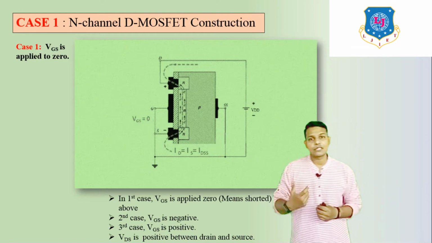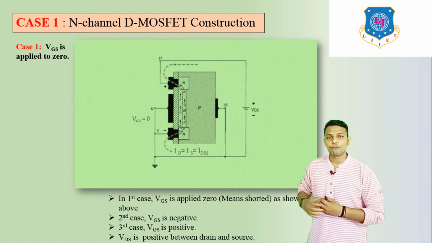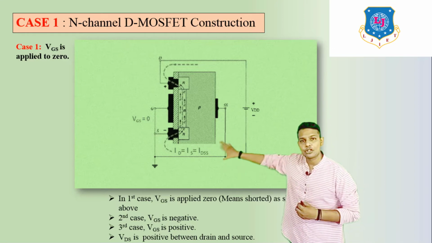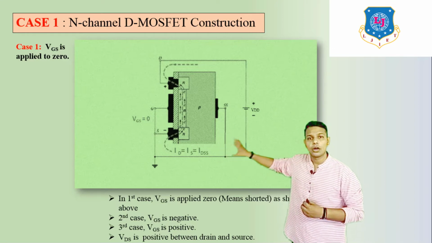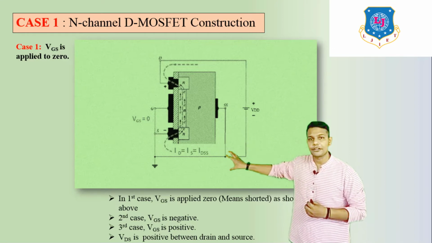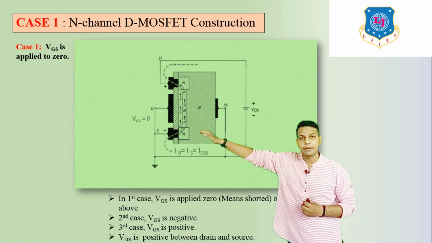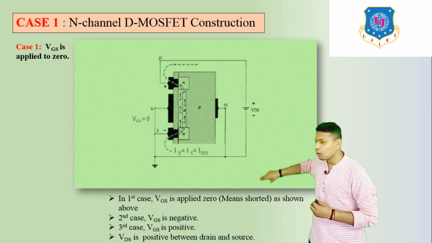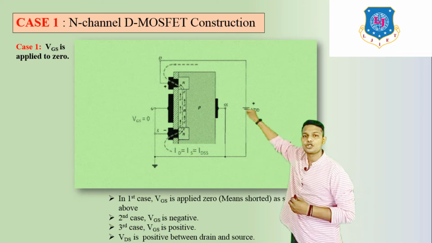If we increase this voltage, that means the flow of electron, here majority carrier charges are electron, and this electron is always attracted towards the positive terminal. So it flows from source to drain.